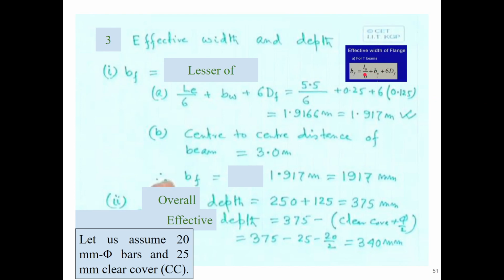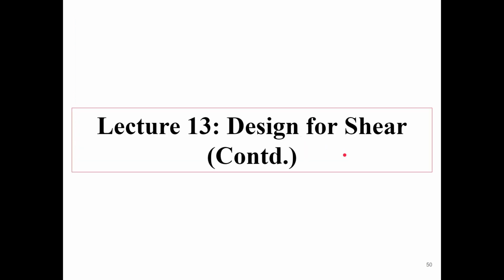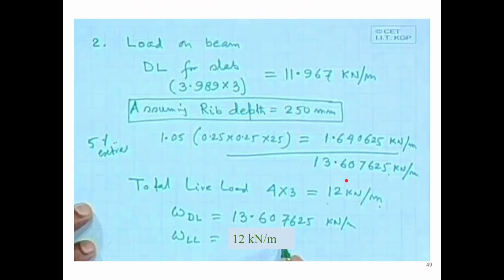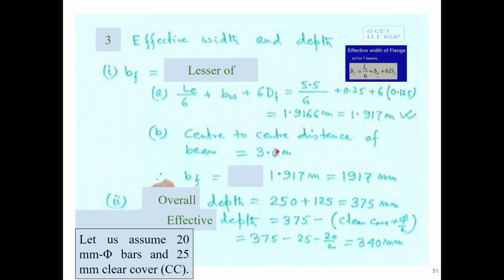L0 is the center to center distance, or the distance between two zero moment points. So that is the effective length, 5.5 meter, the distance between these two walls. So this is 5.5 by 6 plus bw, which is 0.25, 250 mm, plus 6 into 125 mm.